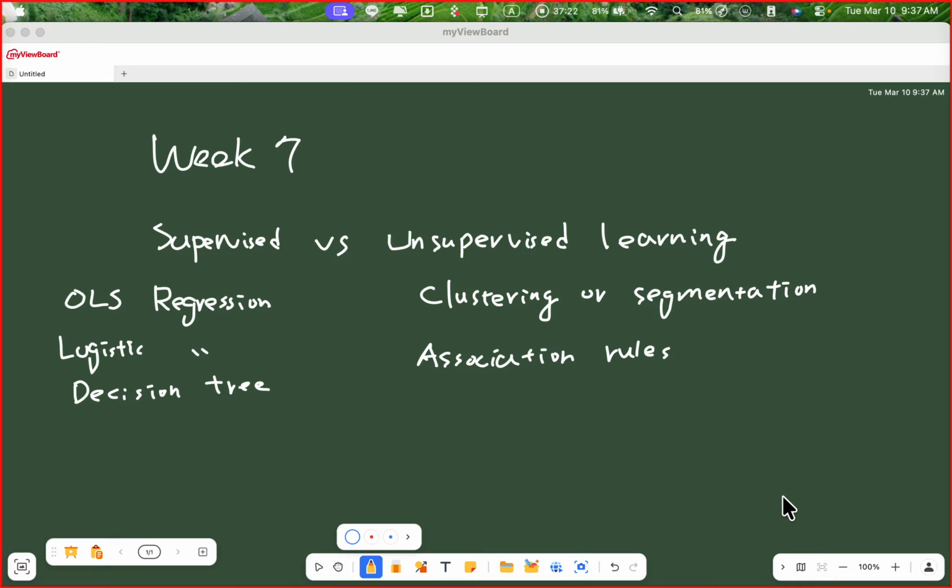If we have a target label, then we provide the data that lets the machine learn, supervised, right?